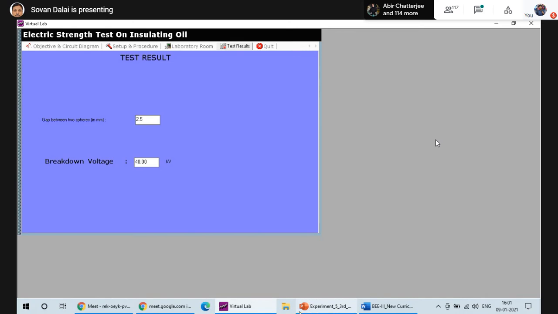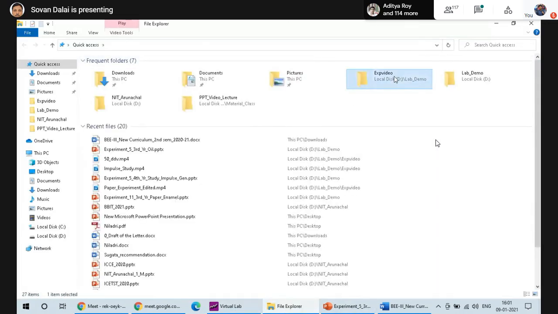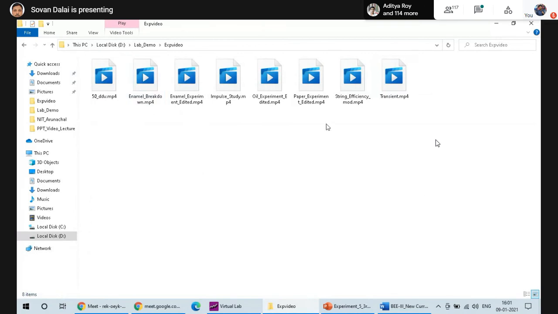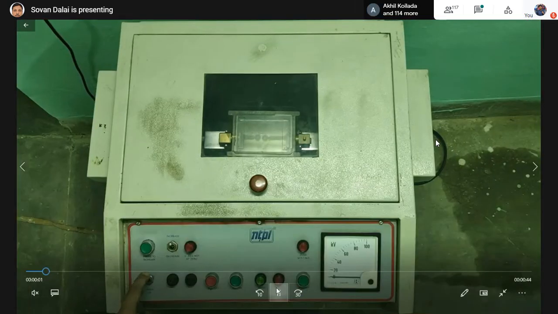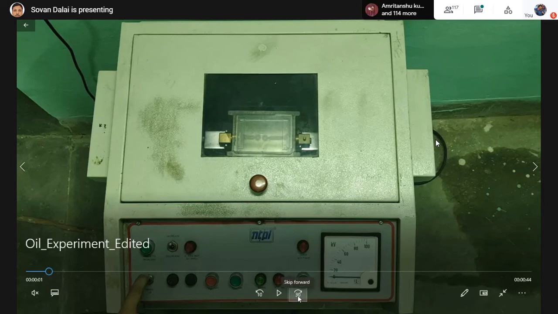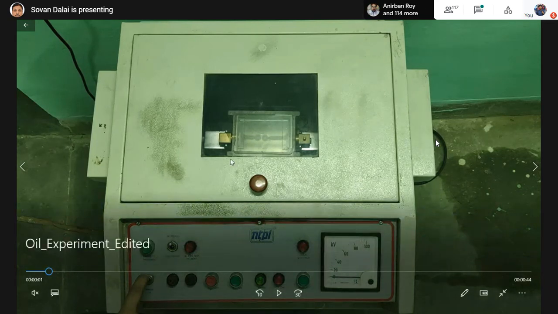Now I want to show you the lab video. Okay, is the video visible to you? Yes, sir. Okay. Just you see, this is the test setup, and this is the power switch.